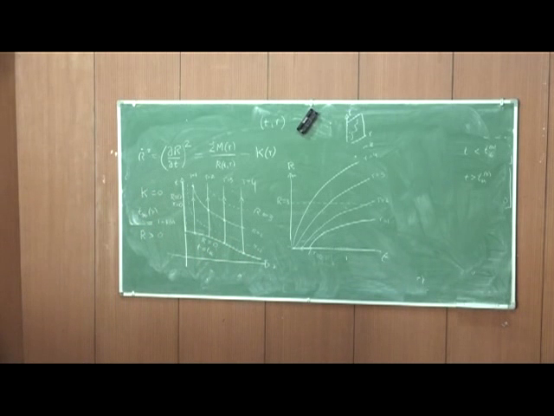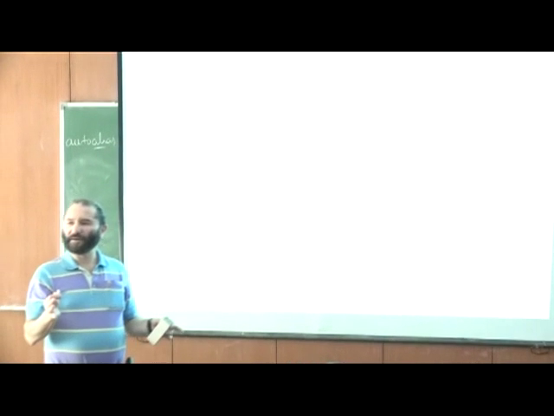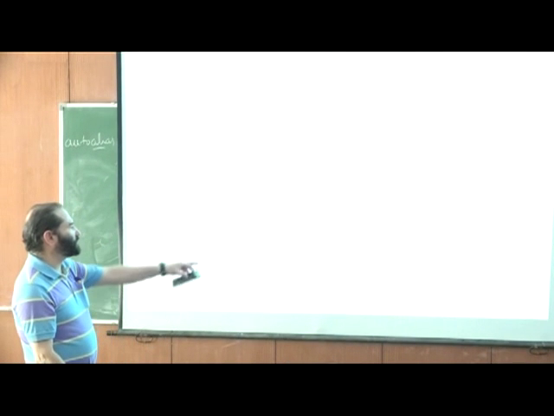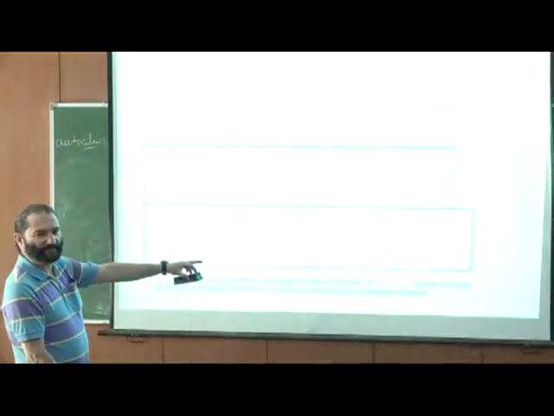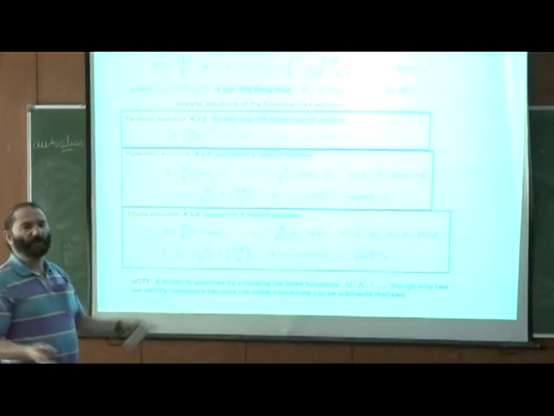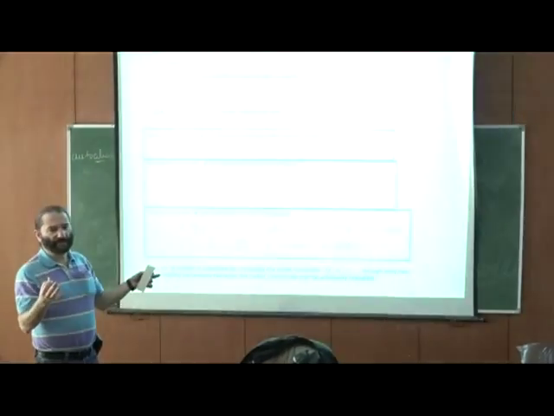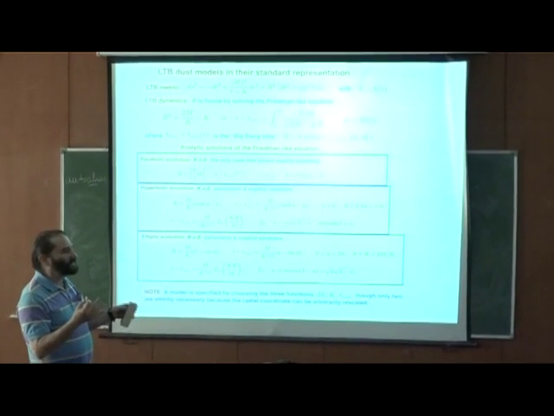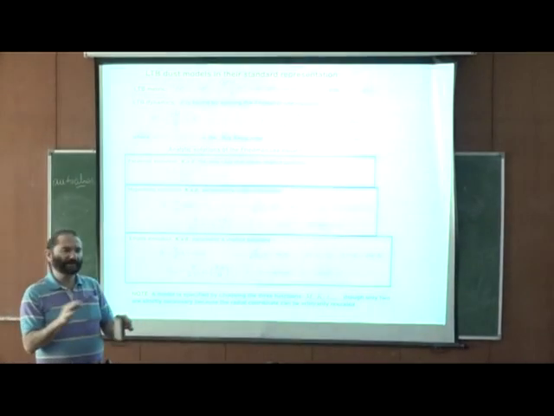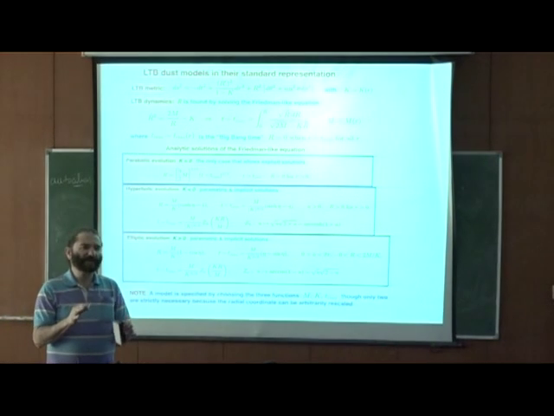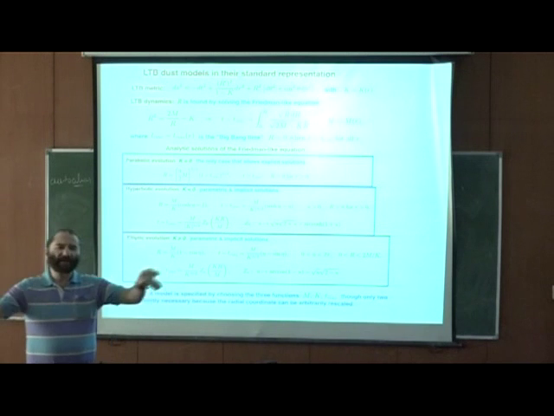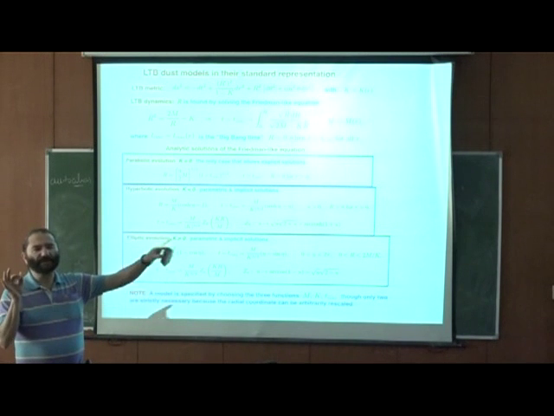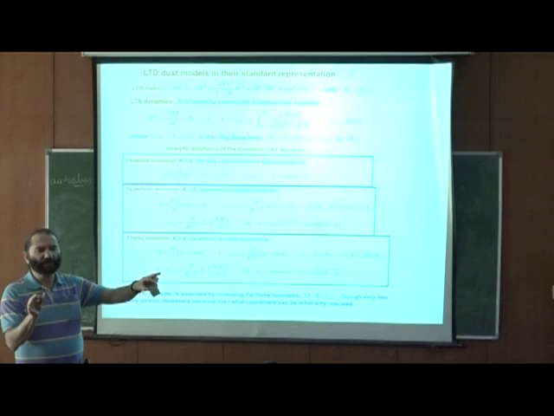Notice that a unique model is specified if you choose M, K, and T_BB. If you choose these functions, you have a uniquely specified model. So you have 3 parameters. However, strictly speaking, only 2 of them are strictly necessary.